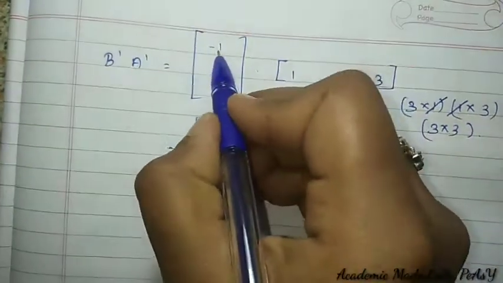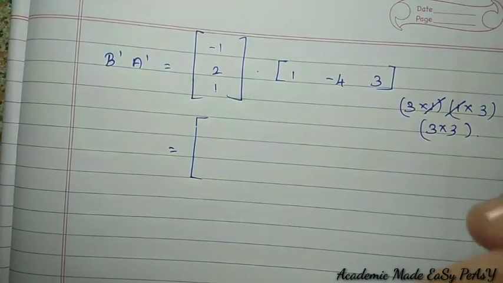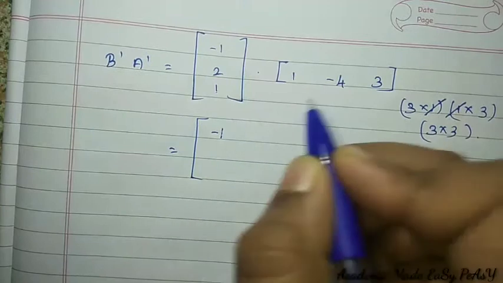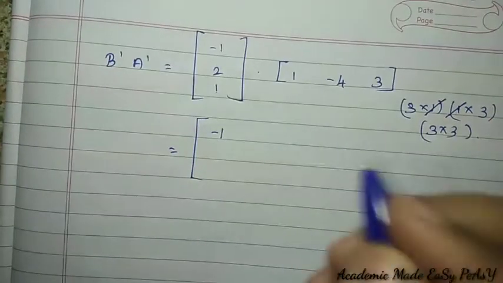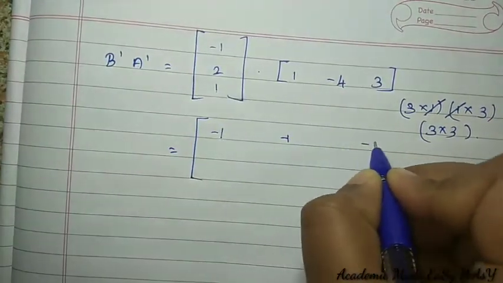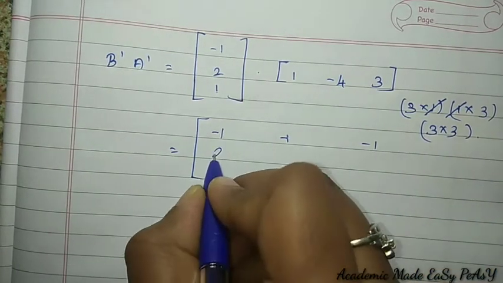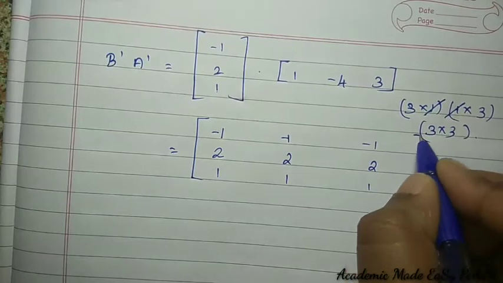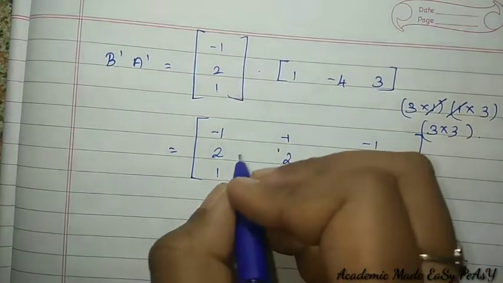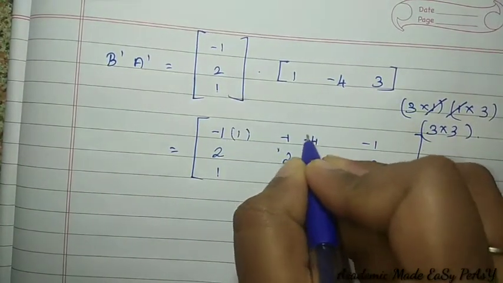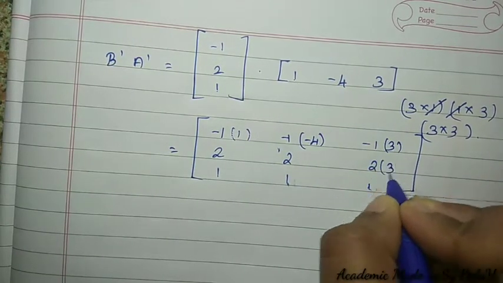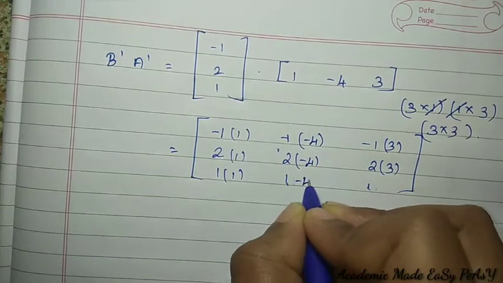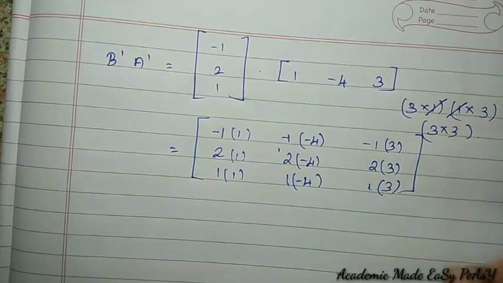And first I will be taking only the rows from the first matrix. So I have only one column, so only one element is there. So minus 1, minus 1, minus 1. Okay. So 2, 2, 2, 1, 1, 1. Now I will be multiplying with this: 1, minus 4, 3.